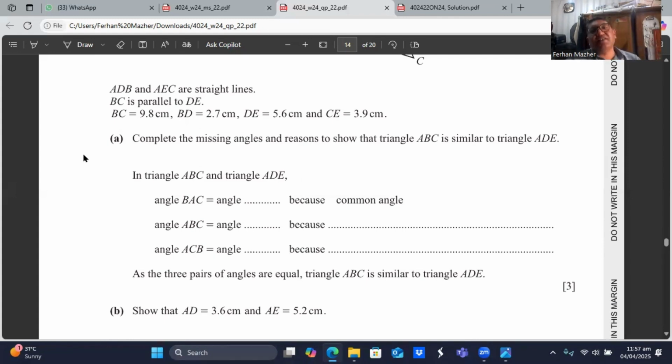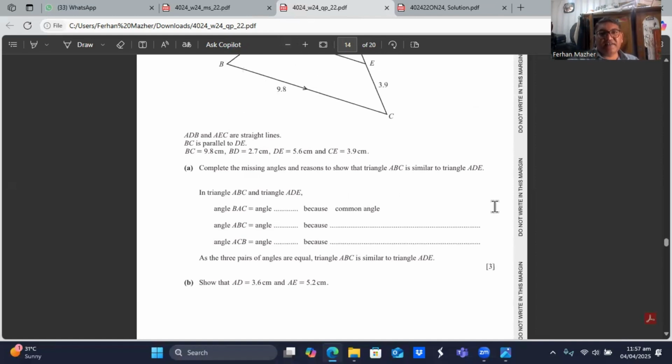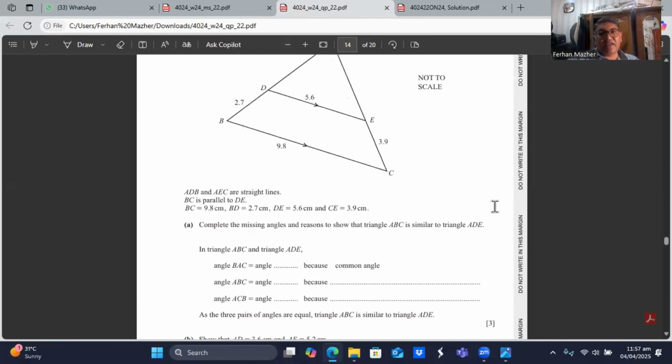Complete the missing angles and reasons to show that the triangle ABC is similar to the triangle ADE. In the triangle ABC and the triangle ADE, angle BAC is equal to the angle this because of the common angle. Okay, so we have to fill this, and to understand this, it's important that at the same time you see this diagram as well.